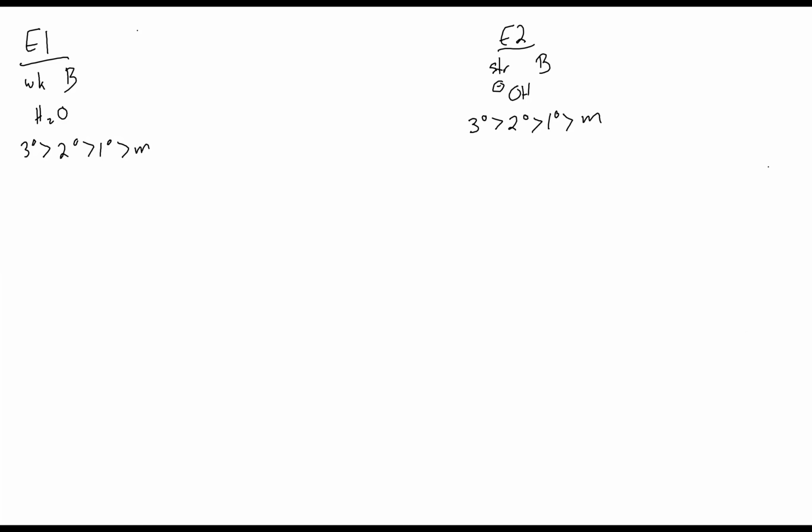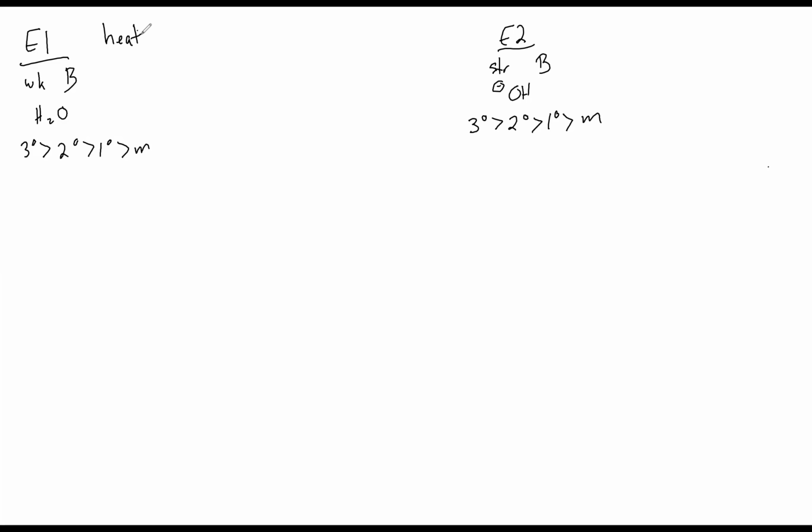So a lot of the time, E1 and E2 can occur at the same time as Sn1 and Sn2. How to separate the two of them? You can sometimes use heat. For example, if you use heat with an E1 plus Sn1 reaction, you can force it to prefer the elimination reaction. So when you see heat, it's going to prefer the elimination reaction.